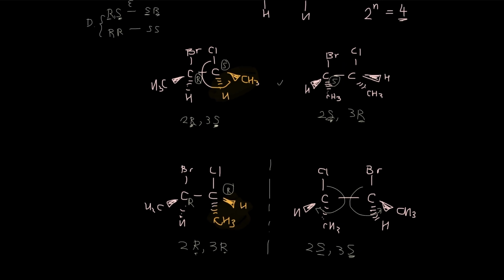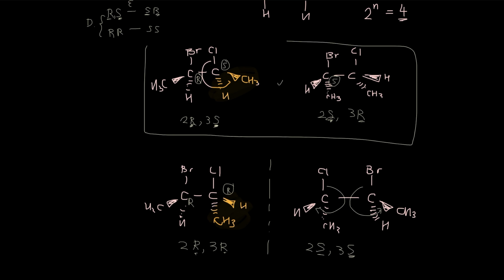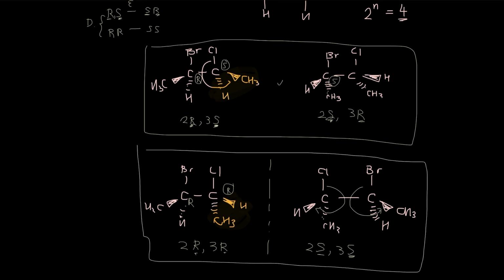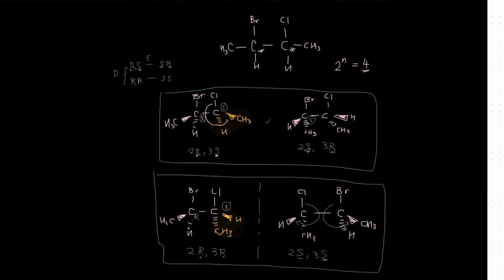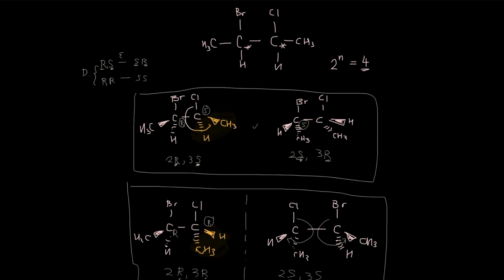But the relationship between the top two and the bottom two is that they're diastereomers, because not all of the chiral centers have swapped. The top is 2R and 3S, but down here it's 2R and 3R. So this stayed the same while we swapped this. So that's how you determine all the stereoisomers possible for a molecule.